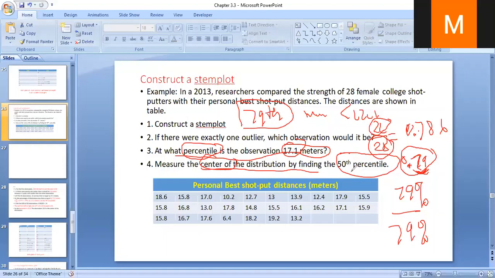When you find the 50th percentile, you find the value at the center. 50% equals 0.5, and you have 28, so 0.5 multiplied by 28 gives 14. Right? You count until the 14th value, and you will find the value of the 50th percentile.